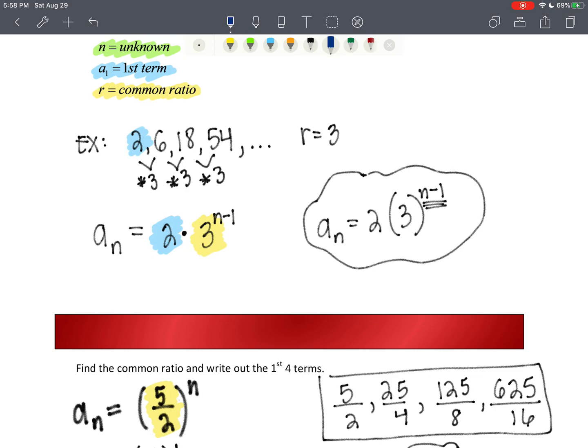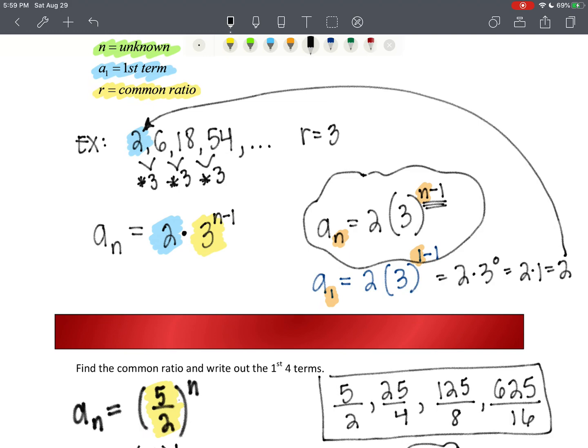So when I put the value of the first term in, if I put a 1 in for n, I've got 2 times the quantity 3 raised to the 1 minus 1. Now 1 minus 1 is 0, so that's 2 times 3 to the 0, and 3 to the 0 is 1, and that gives me my first term of 2.